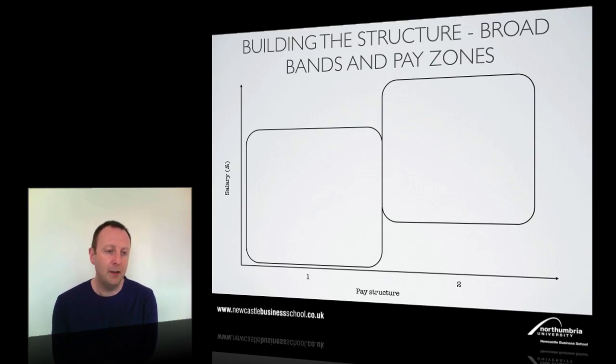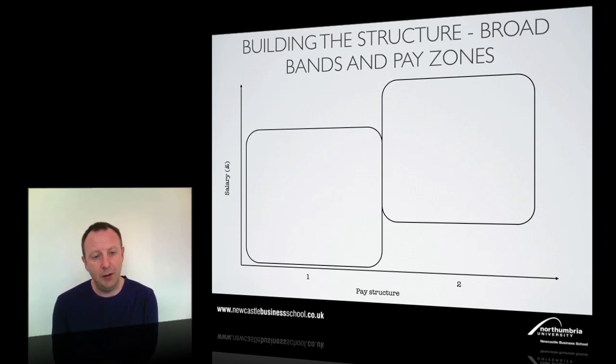And broad-banded pay structures are effectively collapsed grade structures. So you take 2 or 3 previous grades with 2 or 3 boundaries between them, and you get rid of the boundaries. And what were 2 or 3 narrow grades become one big, broad band, as in this kind of example here.